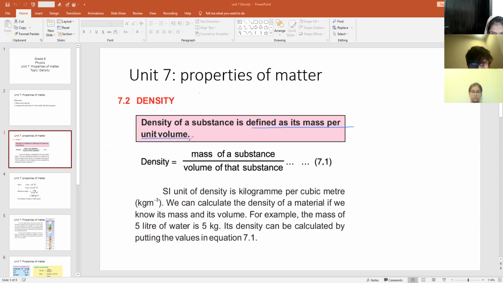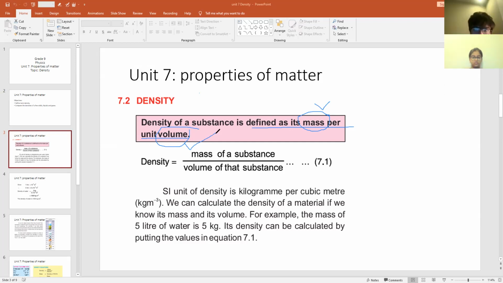Whenever we have to calculate density, we need two elements: one is the mass of the object and the other is the volume of the object. These two parameters, mass and volume, give us information about the density, and then we can easily conclude whether the object is heavier or lighter.